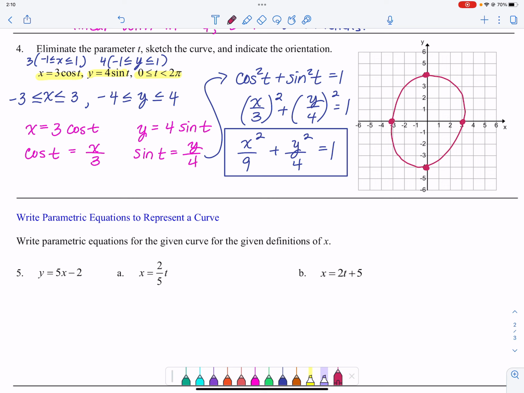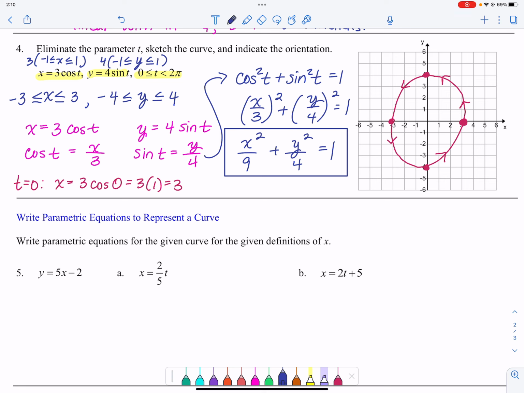Now, if we're starting at t equal to 0, x is equal to 3 times the cosine of 0, and that's 3 times 1, and that's 3. So our x coordinate is 3. So here's where we're going to begin, and we will move in this direction.